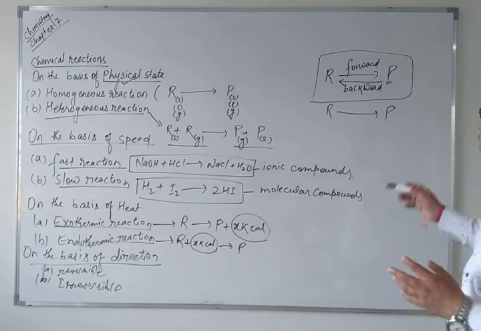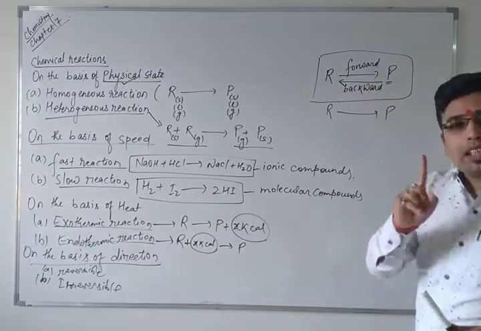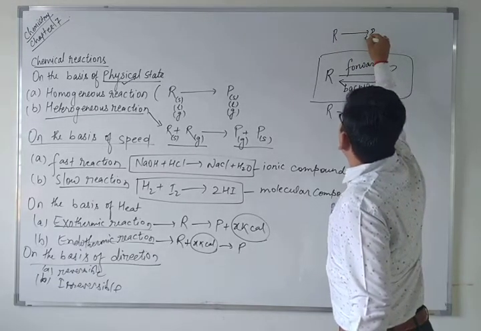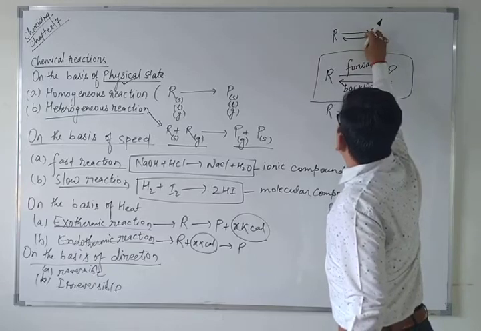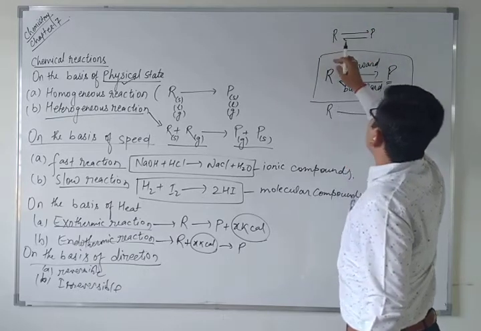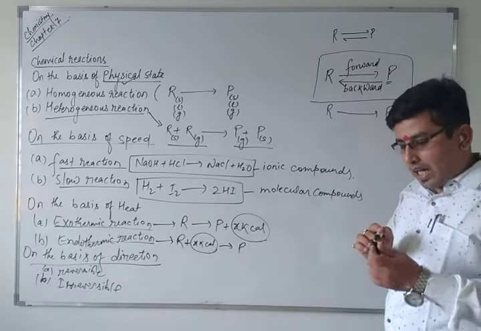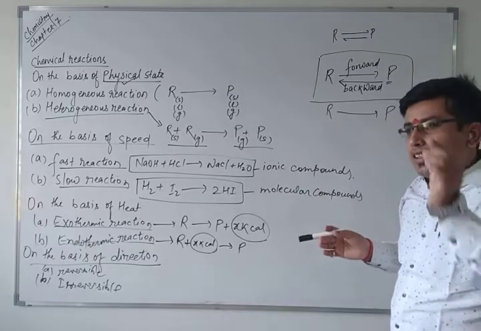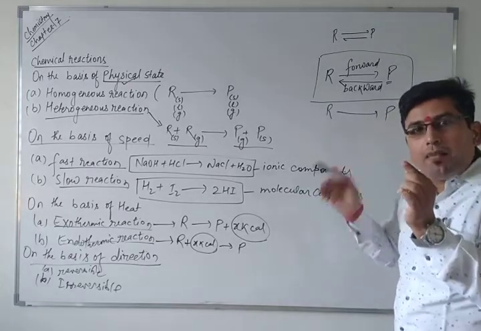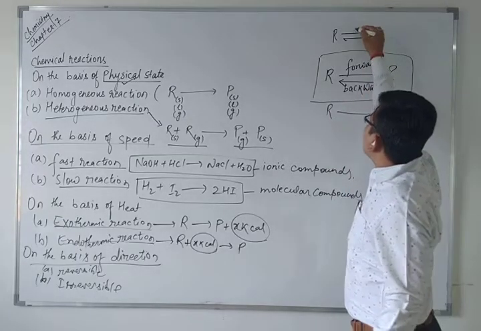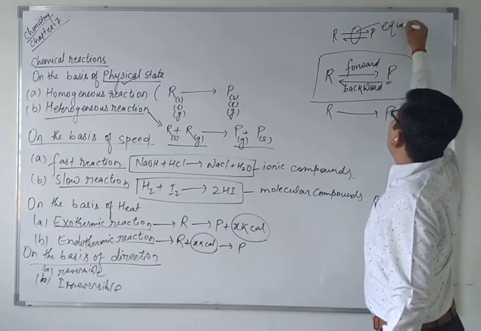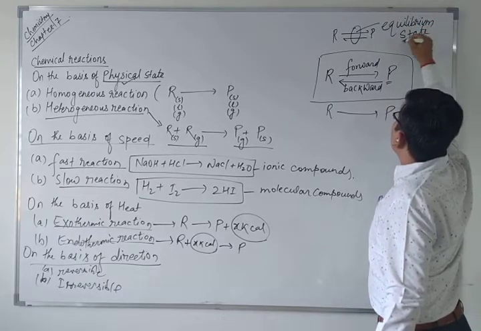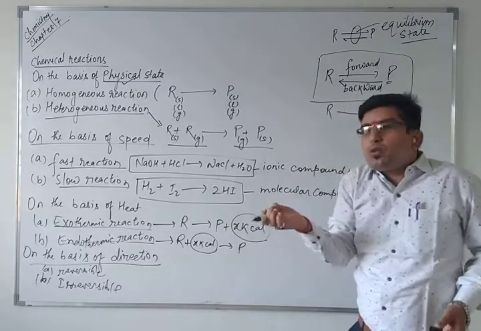They can attain the equilibrium state, means there will be one state where the reactant is going to become product and the product is going to become reactant, and that state is called the equilibrium state. What is that state called? Equilibrium state.